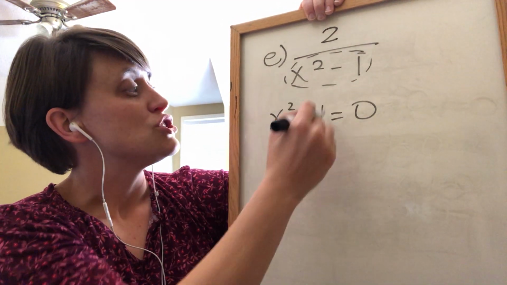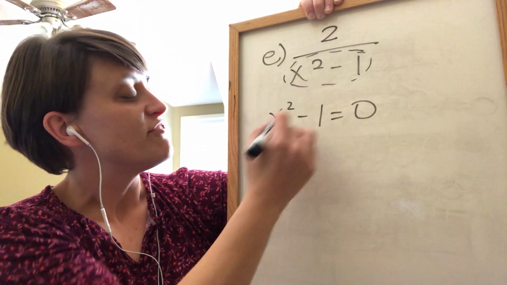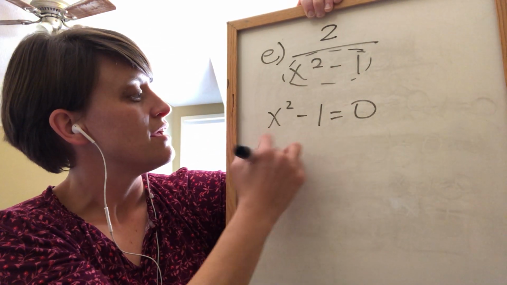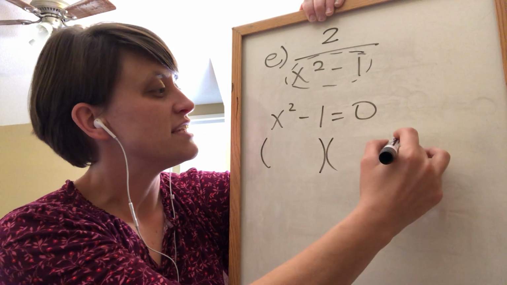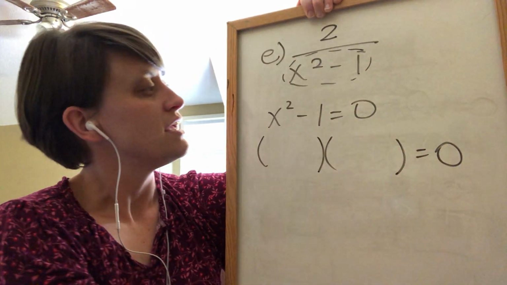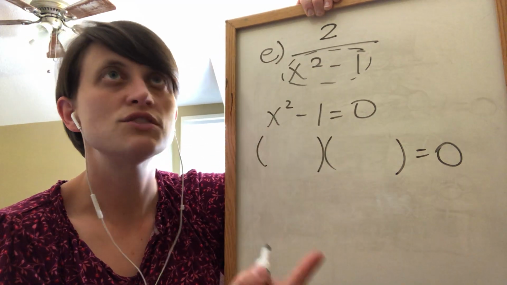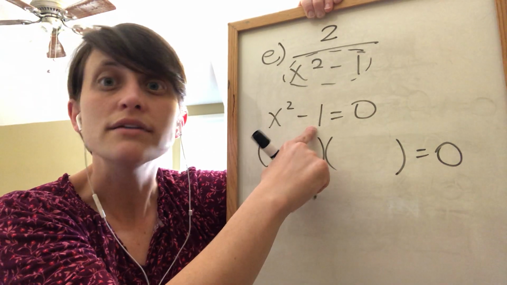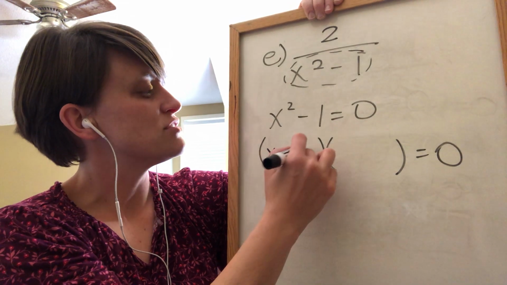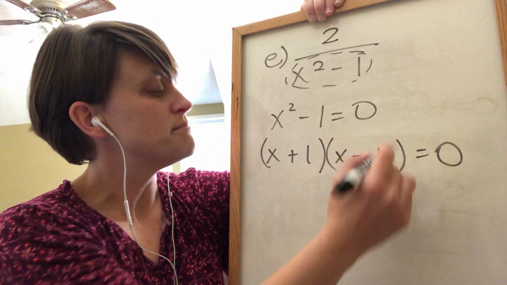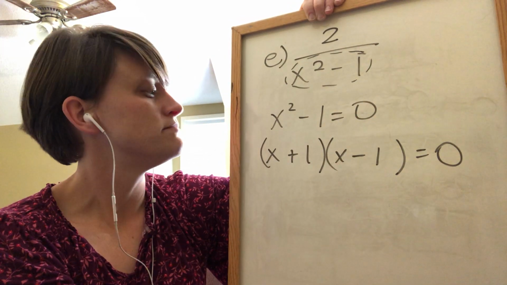If we think back on solving by factoring, we're going to want to factor this left-hand side. Factoring the left-hand side can be done by difference of squares, right? x squared is x squared. 1 is 1 squared. So we know what our factors are going to look like: the sum times the difference.